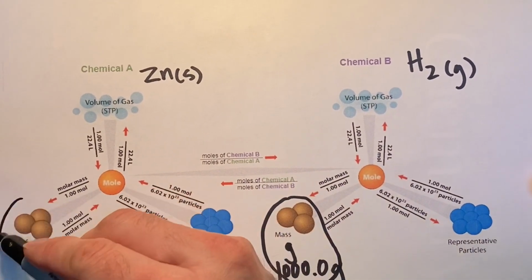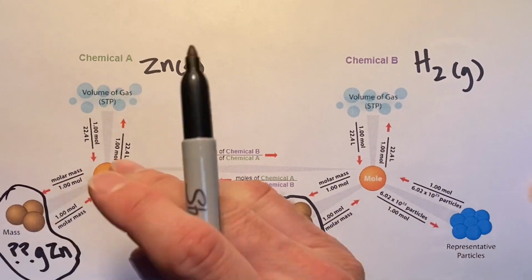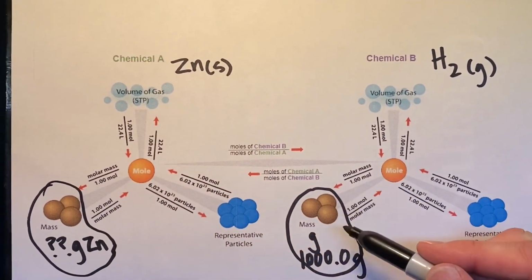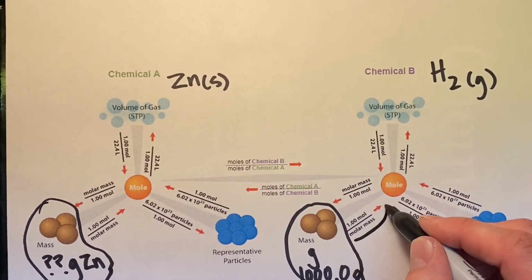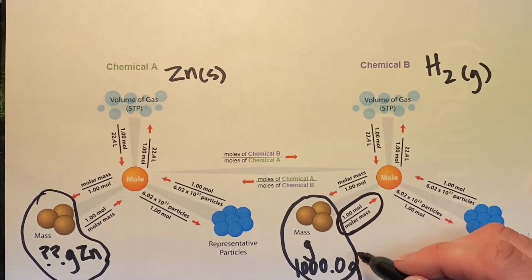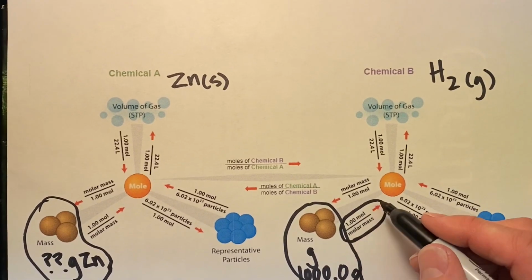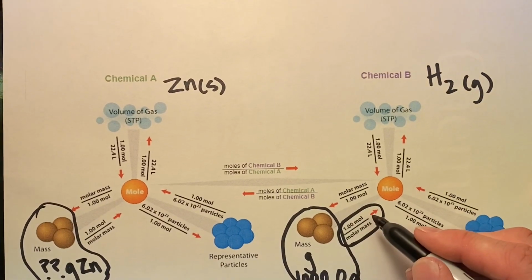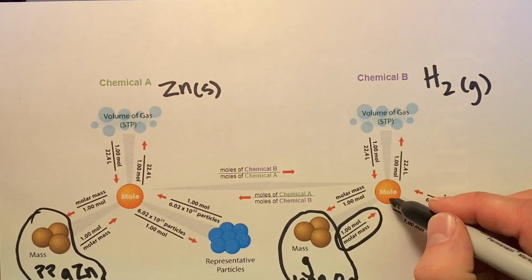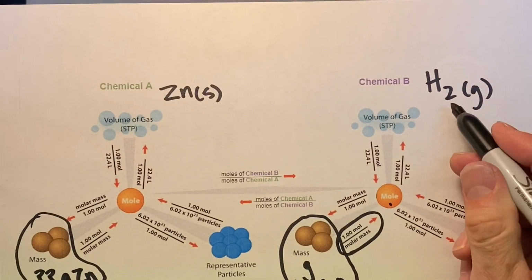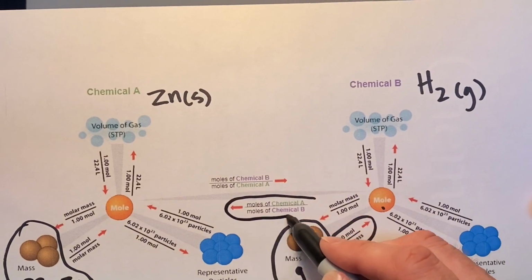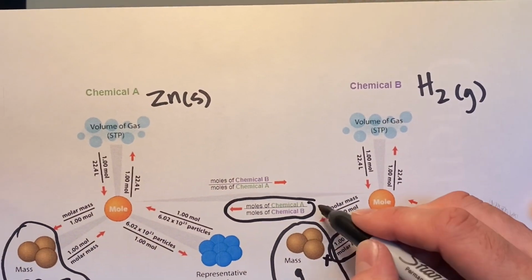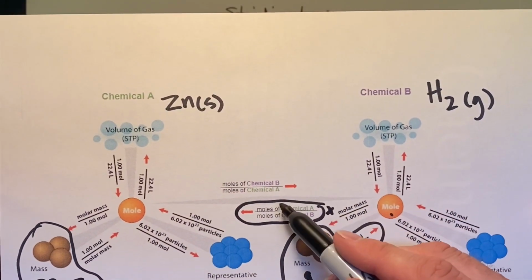So we're going to start here and we're going to end up here. Now if I follow the arrows, first step, we multiply by this conversion ratio. That's going to take us to moles of hydrogen gas. Then we're going to multiply by this conversion ratio.